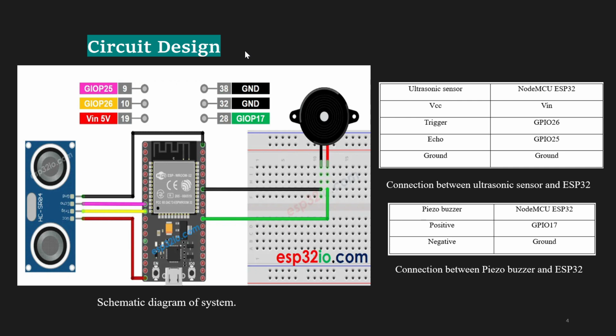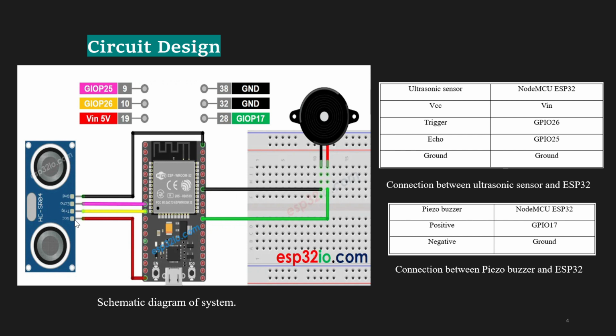Okay, this is our circuit design of the project. This figure shows the schematic diagram of the system. This is the ultrasonic sensor. This is the MCU ESP32, and this is the piezo buzzer, positive connected to GPIO 17, and the negative part is connected to the ground.